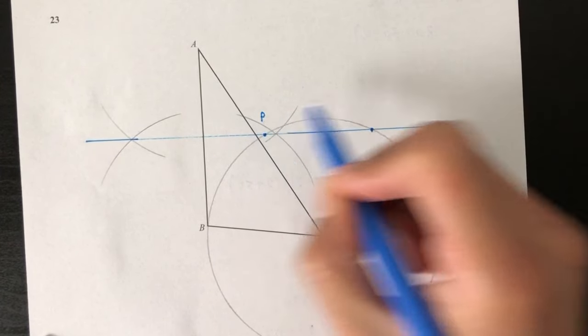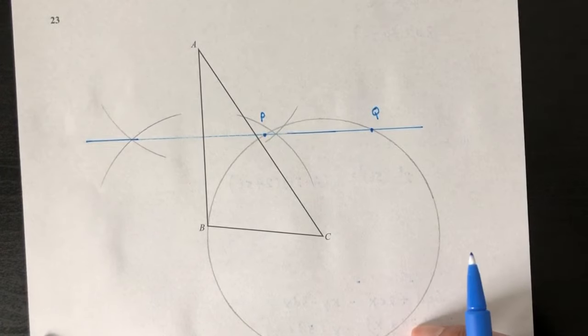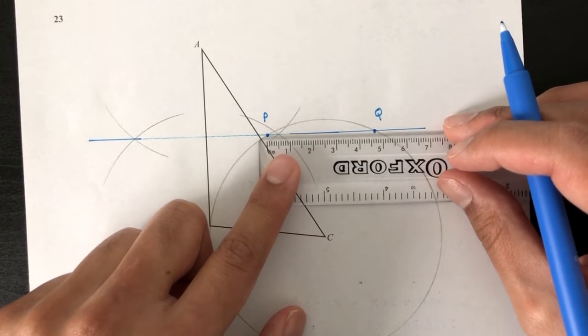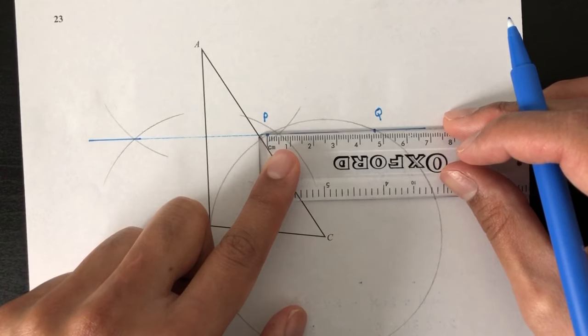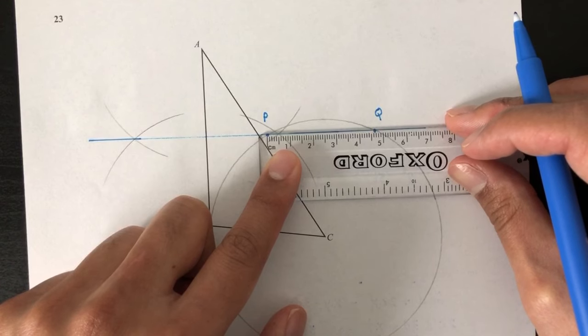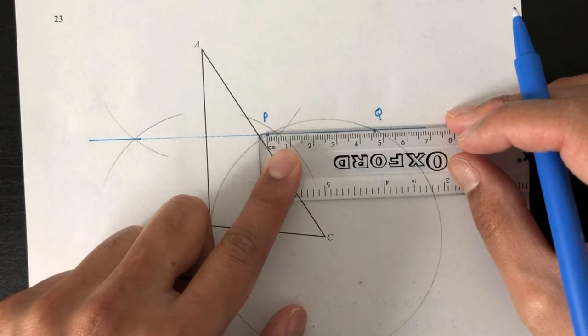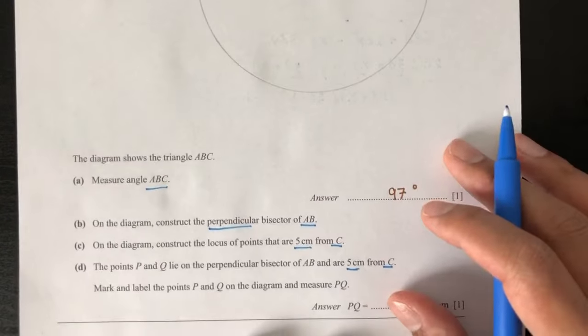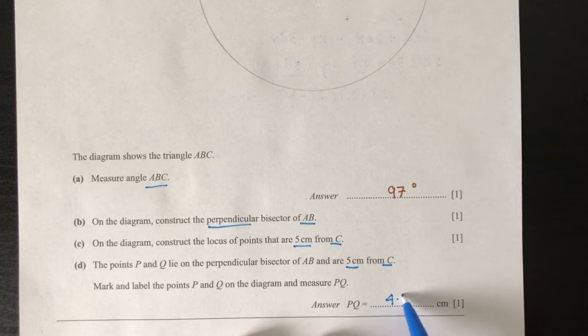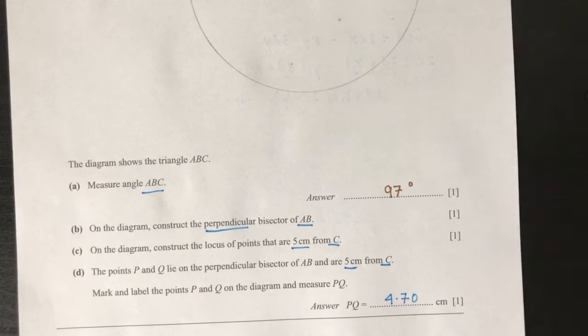This is your P and this is your Q. So we have to measure that. According to my drawing, it shows to be about 4 point. I will take 4.7, why not? So for me it shows to be 4.7 for my length.